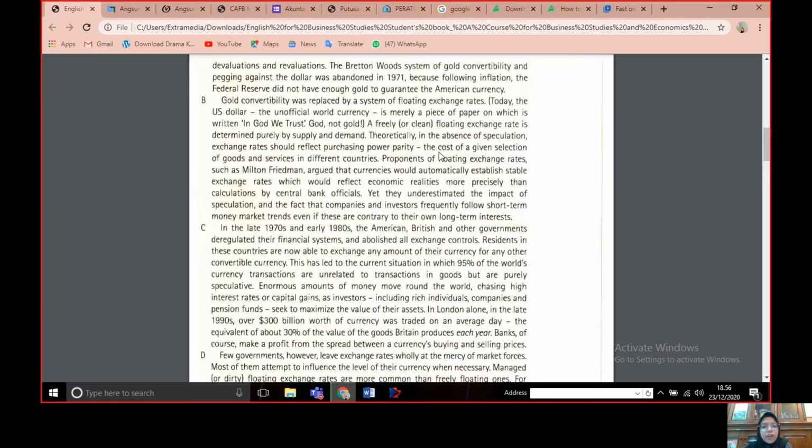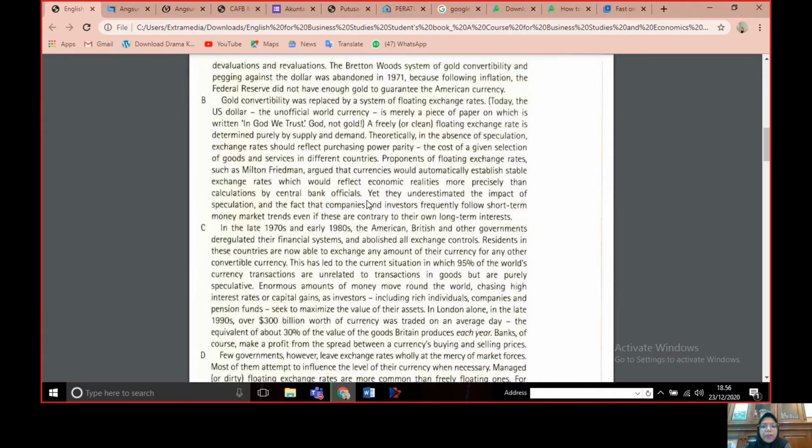The cost of a given selection of goods and services in different countries would automatically establish a stable exchange rate, which would reflect economic realities more precisely than calculation by central bank officials.